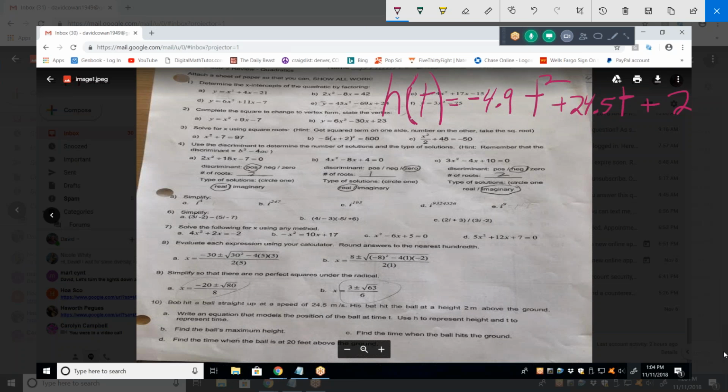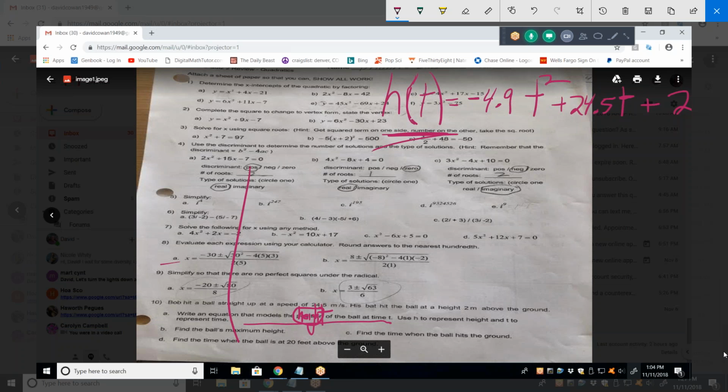Okay, so write an equation that models the position of the ball at time t. Really should not say the position. It should say height. That's why it's called h of t, for height. Because it's not really the position of the ball.